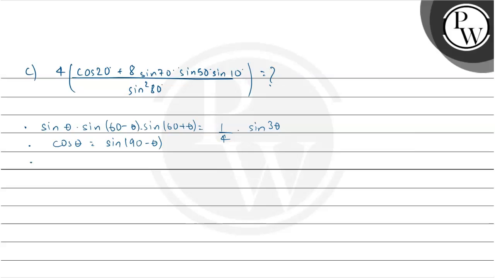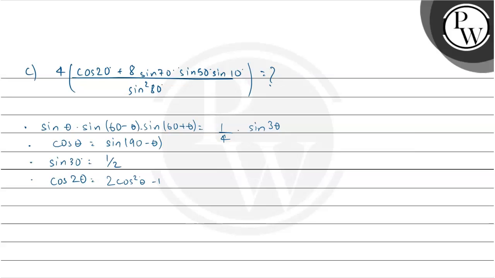The third identity that you are going to need is sine of 30 degrees is equal to half. And the fourth is cos of 2 theta is equal to 2 times cos square theta minus 1. We'll be using these four main identities to solve this problem.